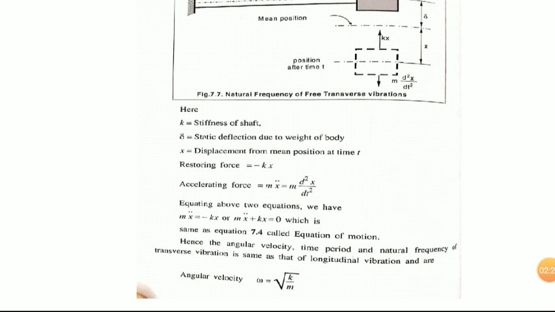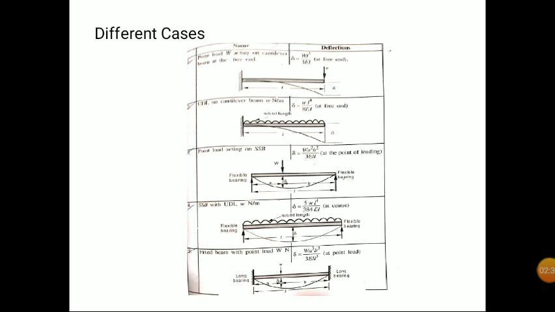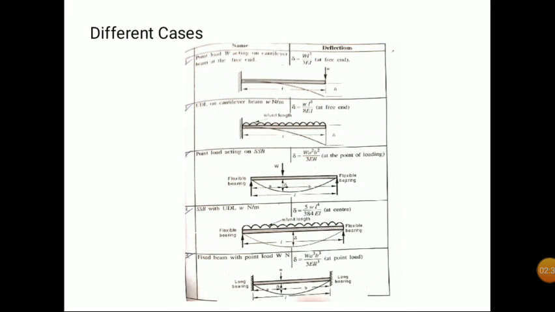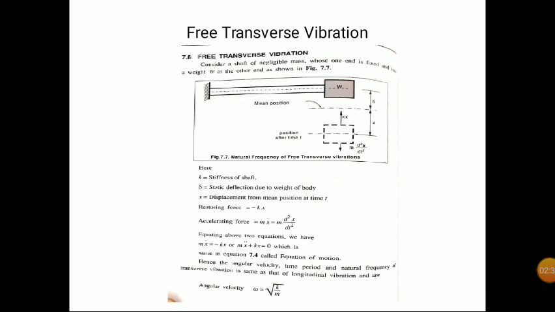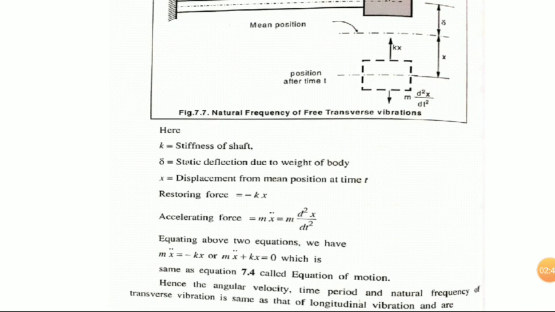When finding the natural frequency, we have to know the value of delta here, which we already studied: it is the static deflection due to the weight of the body.